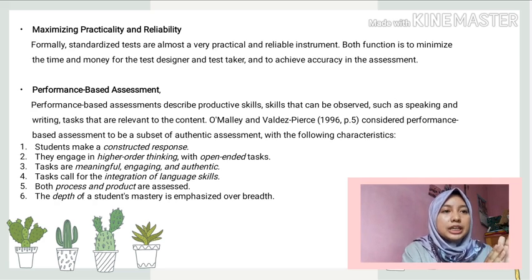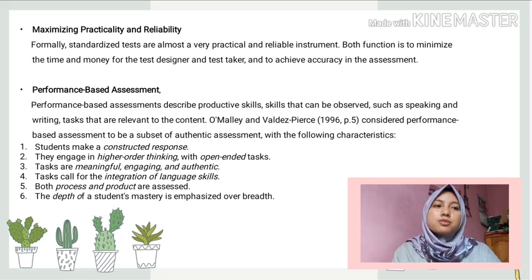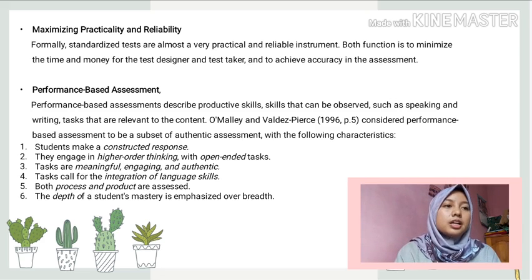With some creativity and effort, we can transform the inauthentic and negative washback test products into a more pedagogically satisfying learning experience by doing the following. First, building as much authenticity as possible into multiple choice test types and items.